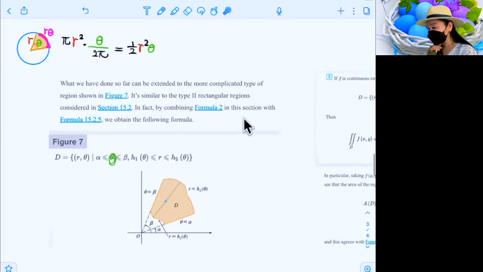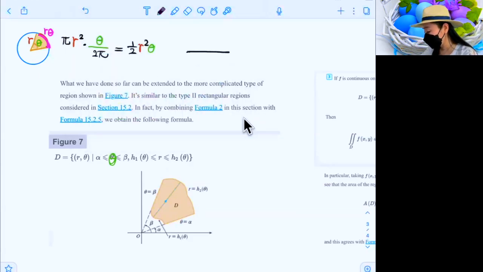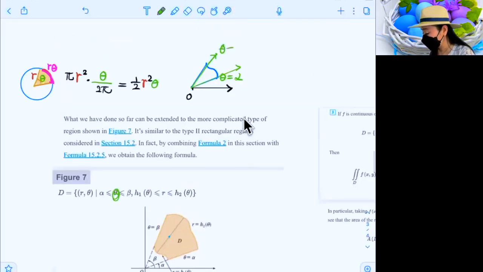All right, so if you remember this, now we're going to think about the area. So in this polar coordinate system, we have the pole, and this is the polar axis, and we get this polar curve over here. And this polar curve is going to correspond to, this right here is theta equal to alpha, and the other one here is theta equal to beta.